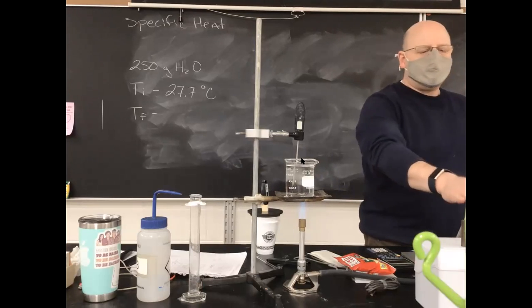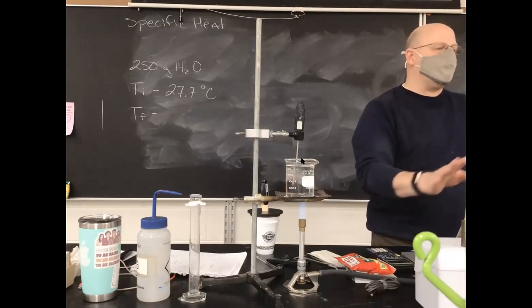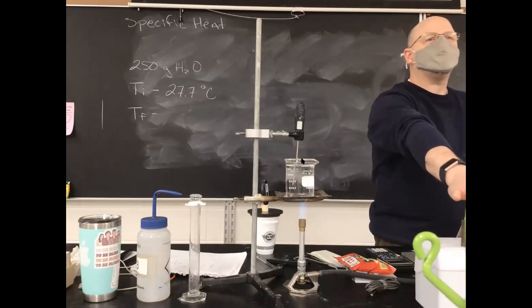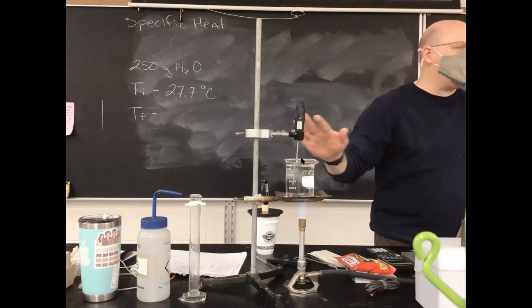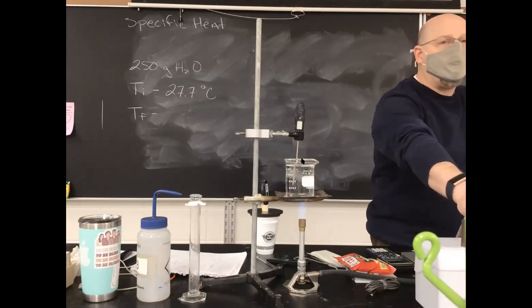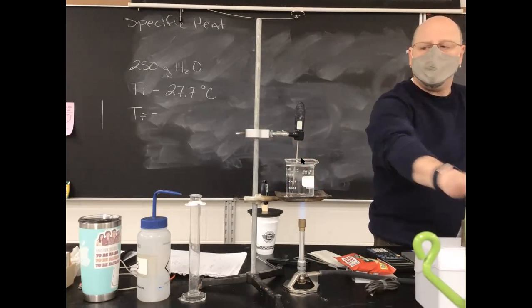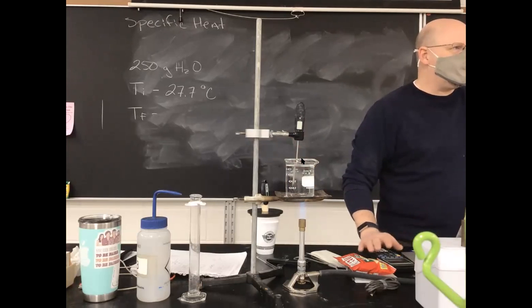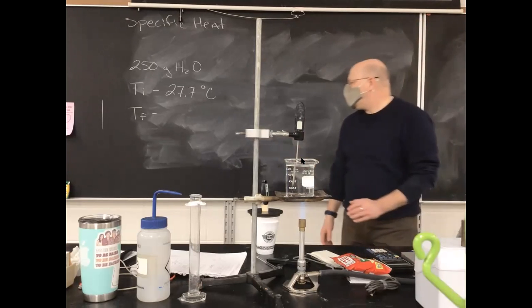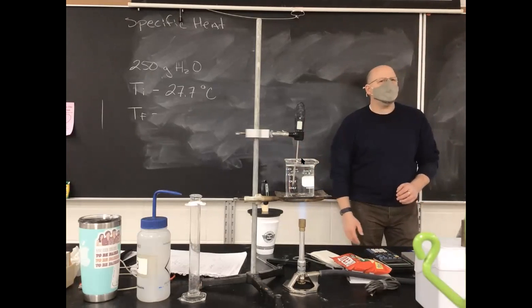If I put these pieces of iron on the Bunsen burner, same way I have that, the temperature of these would be much higher than what this water is right now, because this metal takes a lot less energy to heat up than the water does. Do we have a hot tub?